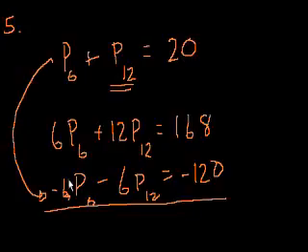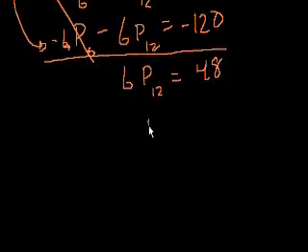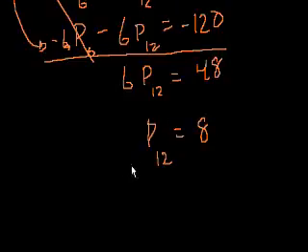Now we can add the 2 equations. These cancel out. That was the whole point. 12 times the 12 packs minus 6 times the 12 packs is equal to 6 times the 12 packs. It's equal to 168 minus 120, which is 48. And so the 12 packs, 48 divided by 6 is 8. So there were 8 12 packs. The manager bought 8 12 packs.